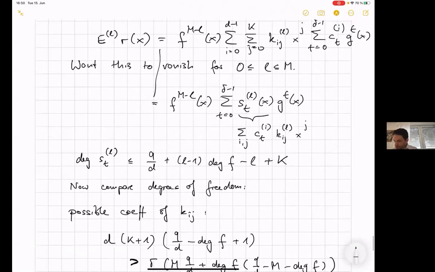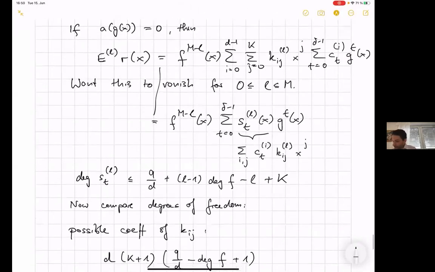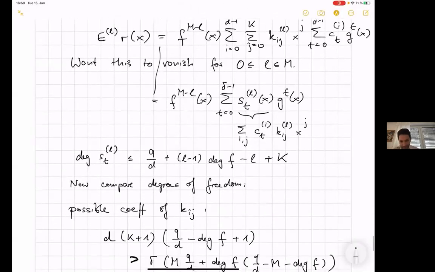And how many conditions do I have in order to make sure that all these derivatives vanish? Now, how do I get this? What I want is that all the S_{tL} vanish. And so I need to make sure that all their coefficients vanish.